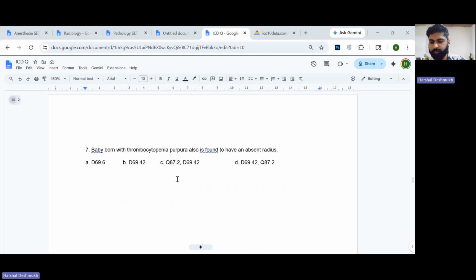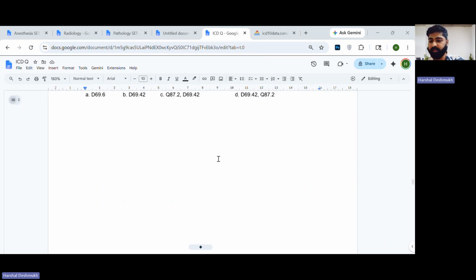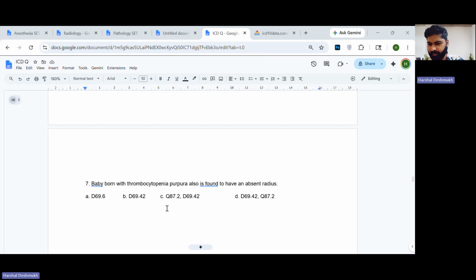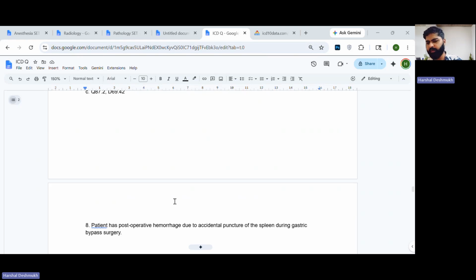The correct answer to this question is option C, Q87.2 and D69.42. That's given a priority on sequencing. Moving on to the next question.